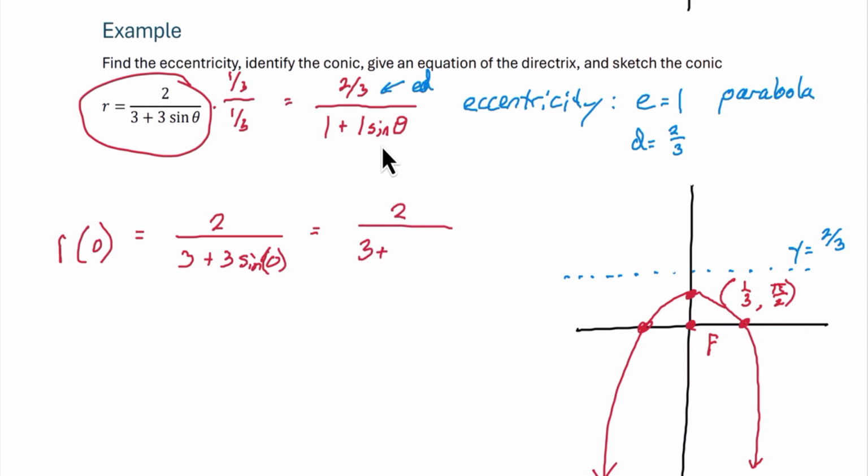We know that the sine of 0 is 0, so we get 2/3. So this point is 2/3, 0. This point is here. And since we know that there's some symmetry happening, the point over here must also have an r of 2/3, and that angle is pi.